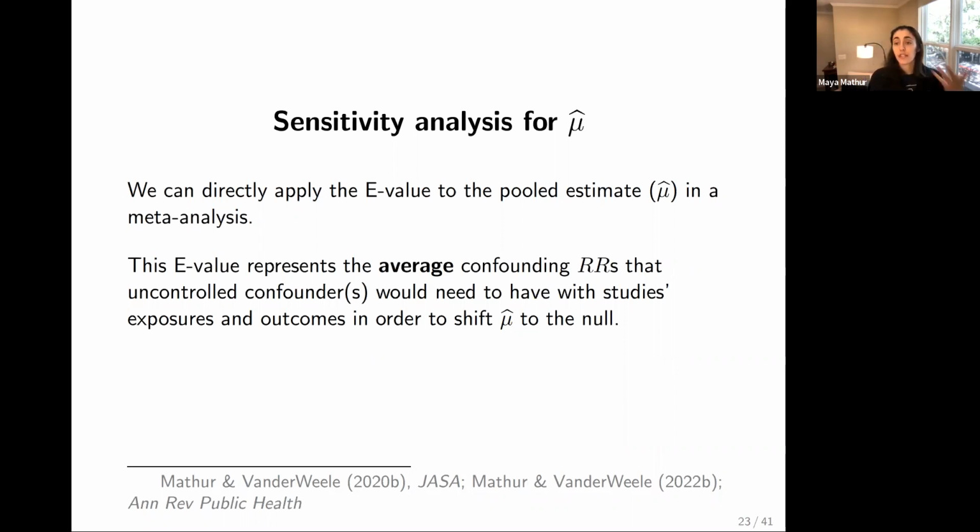We could have different strengths of associations of the same confounders based on different populations or different study designs, for example. So kind of two different flavors of heterogeneity. And so again, this e-value is talking about the average strength of these confounding risk ratios across studies that would be needed to essentially explain away the pooled estimate in our meta-analysis.